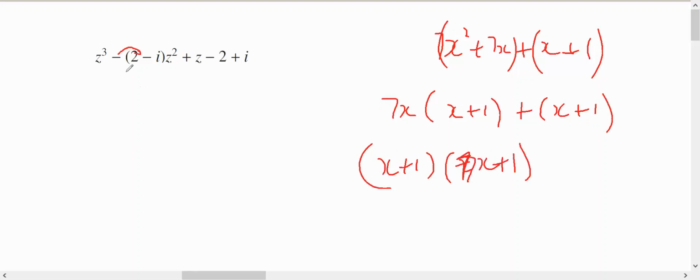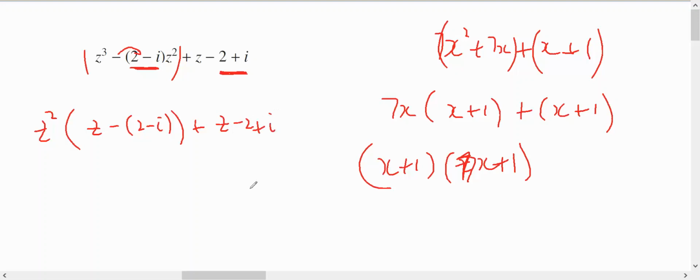So I might do that here because notice I've got common factors here. So what I might do is take out a common factor of the first two of z squared. That's going to be z squared with z minus 2 minus i, plus z minus 2 plus i.